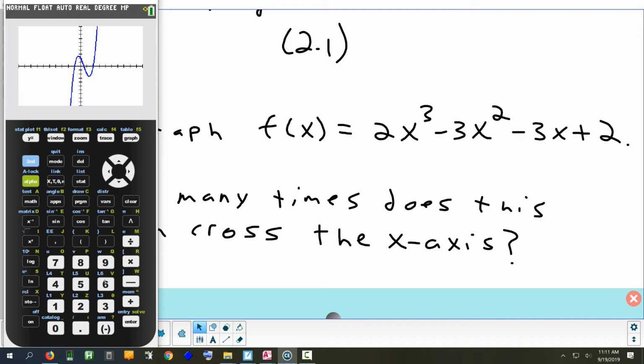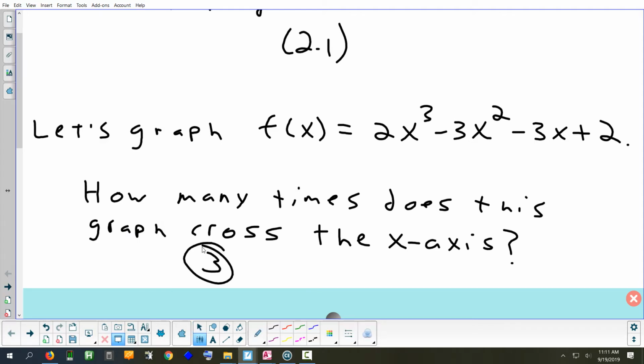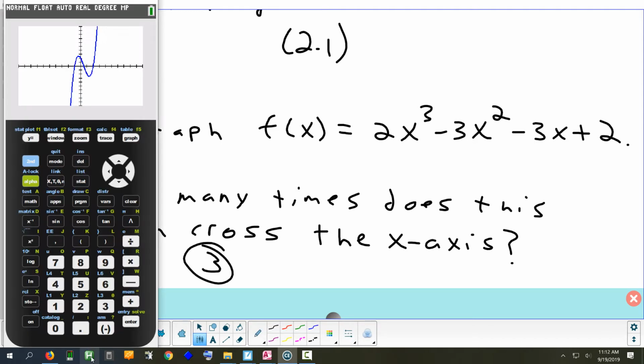So if we're actually looking for a complete graph, that's a good window, but all we're focused on is the number of times it crosses the axis. How many times does that graph cross? Eric? 3 times, yep. Now, we don't have to worry about, well, what if the graph goes up and then comes back down off the screen? It can.